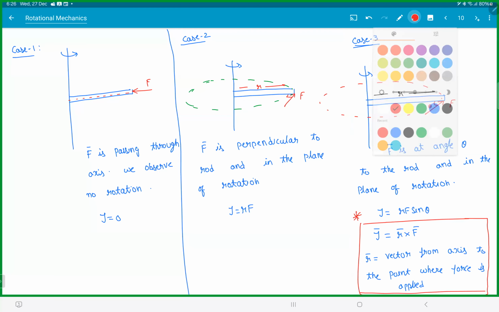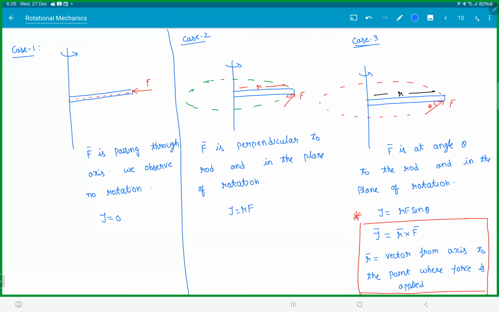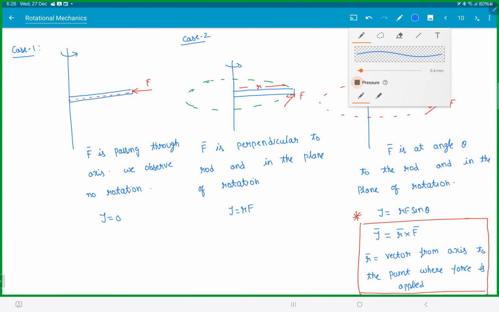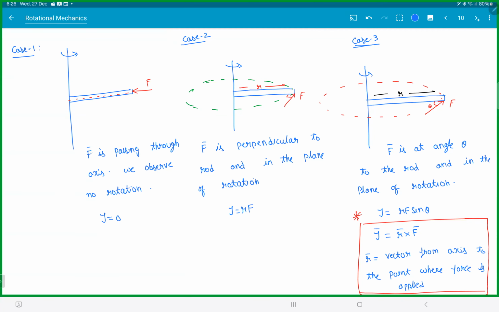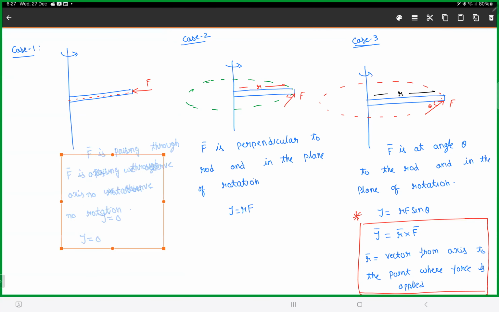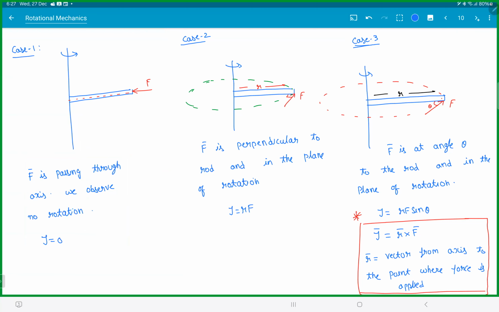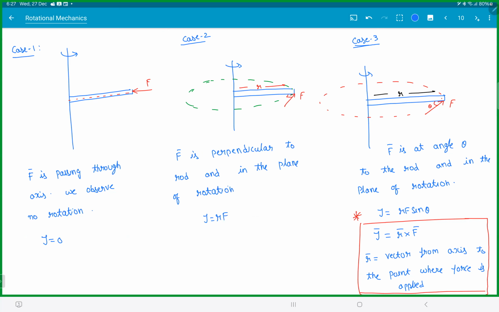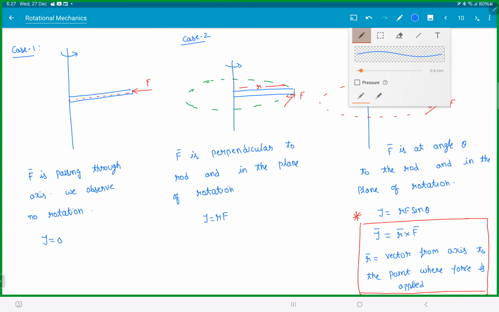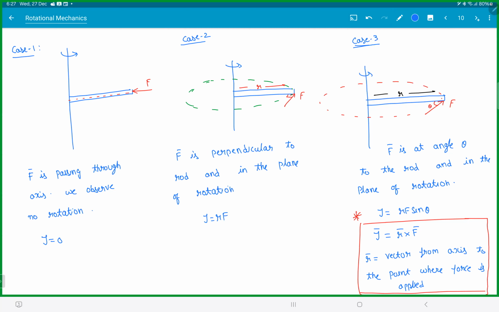R bar is a vector from the axis of rotation to the point where the force is applied. I think we'll remove the lines. That is better. Clear? Have a look at these three cases.